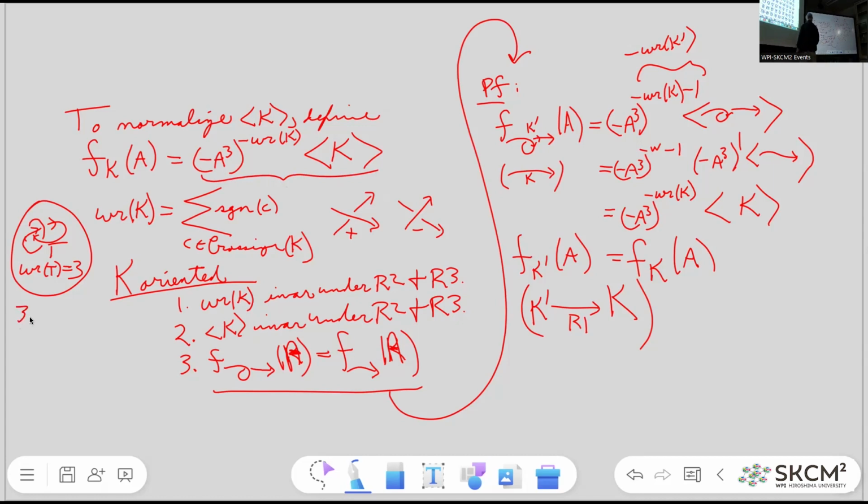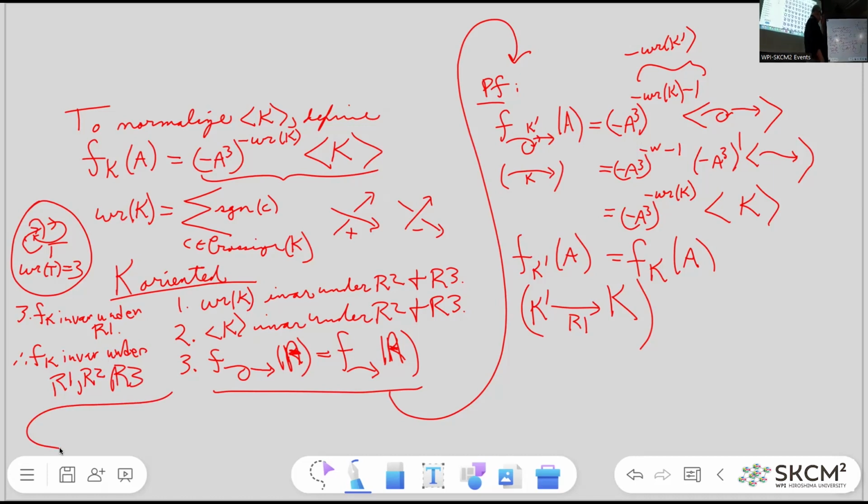So f sub K is invariant under Reidemeister 1, and therefore f is invariant under Reidemeister 1, Reidemeister 2, and Reidemeister 3. So now you see the thing is really working. We have an invariant under all three Reidemeister moves. So we have an honest link invariant.